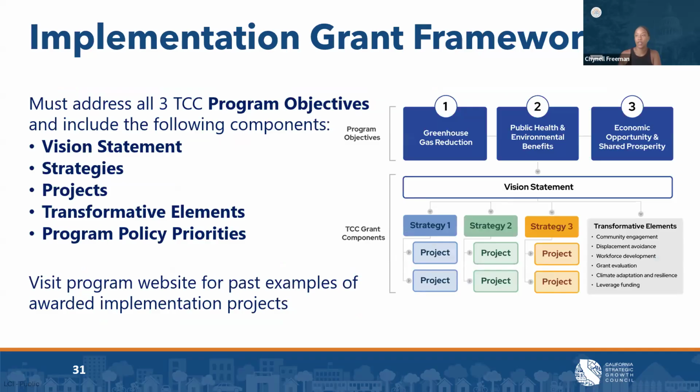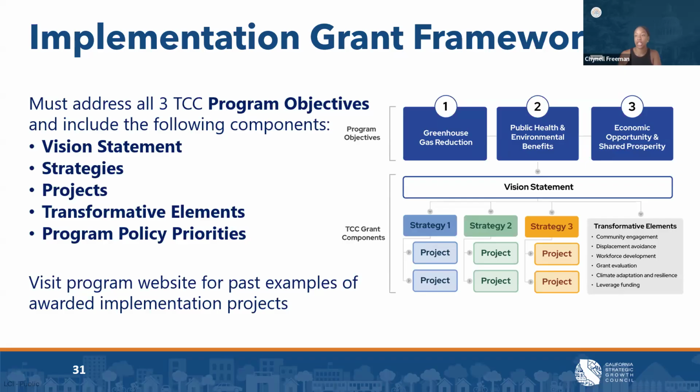Implementation grants are set up to maximize benefits for the community with SGC's investments and meet our climate goals. First, applicants must develop a shared vision statement that is specific to the community, describes the community's vision for transformation, and addresses all 3 TCC program objectives.